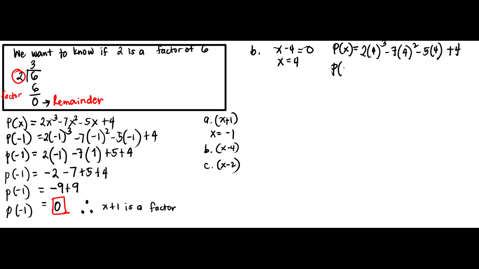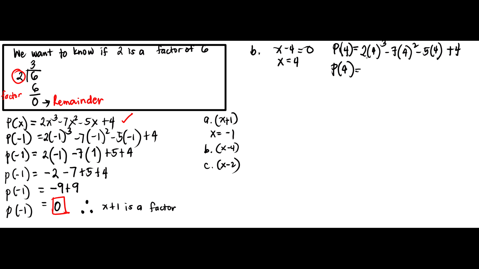So, this is P of 4. Ayan. P of 4 na to. Galing yan dito sa equation na to. Baka nalilito kayo sa nanggagaling.